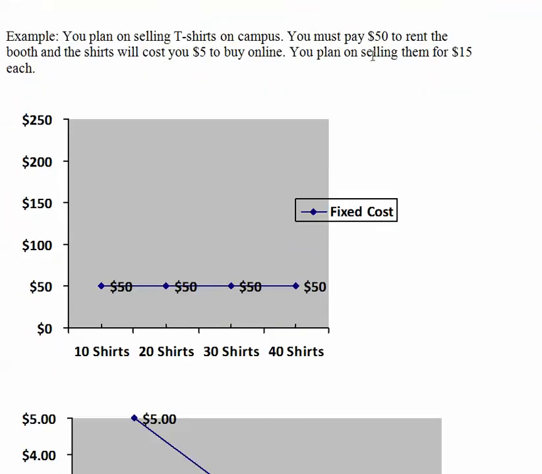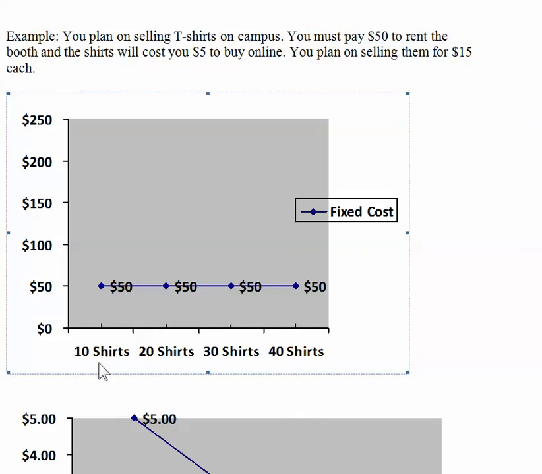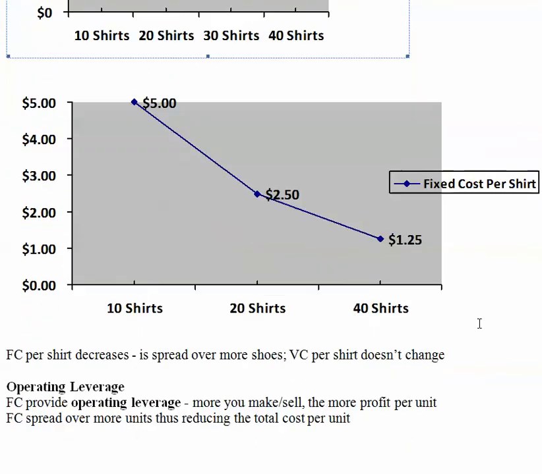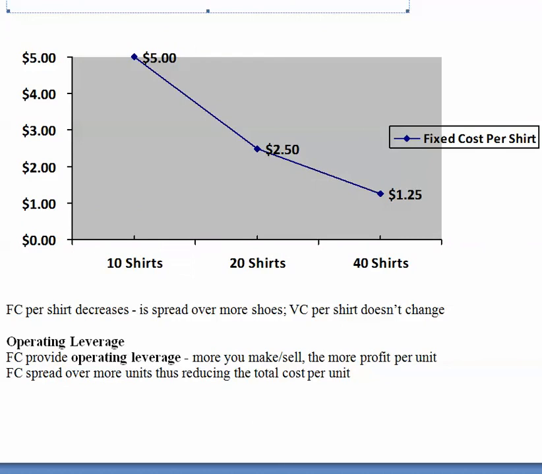Our rent is a fixed cost, and the way you can see that it's a fixed cost is that whether you buy and sell 10 shirts, it's $50 rent, or if you buy and sell 40 shirts, it's still $50 worth of rent. Now if you look at the rent on a cost per shirt, your cost per shirt actually is going to decrease, and that's because you're going to spread that $50 over more shirts.